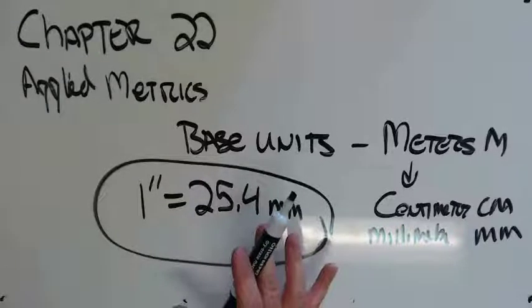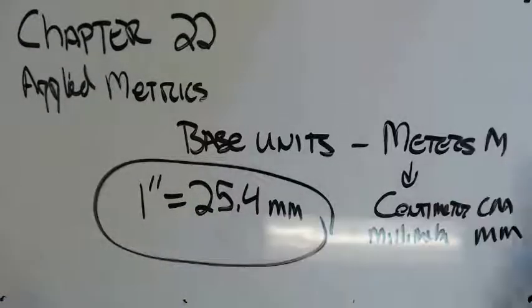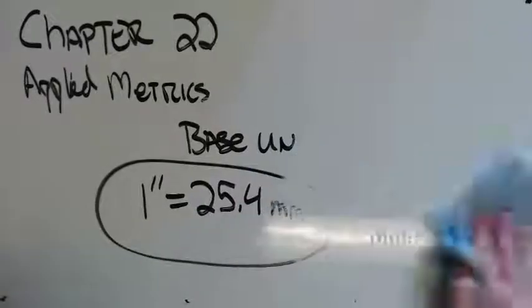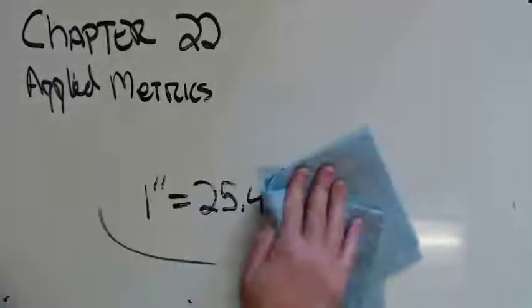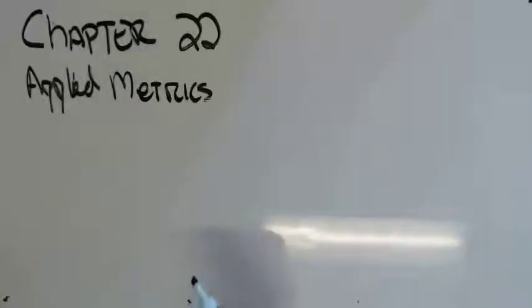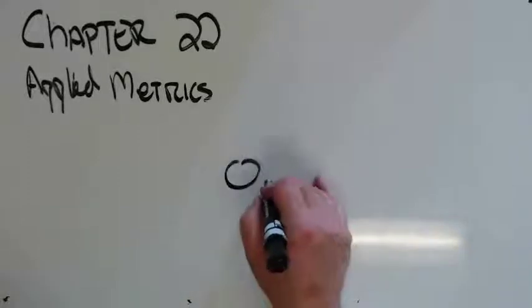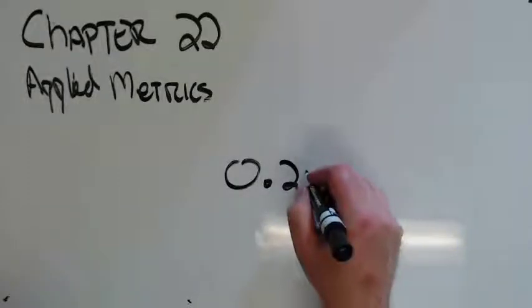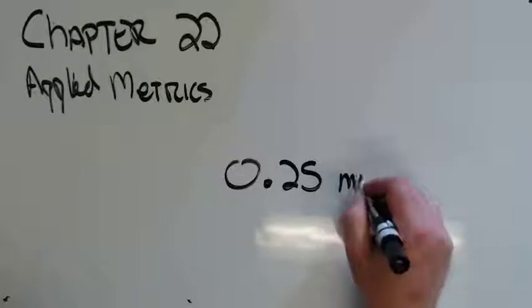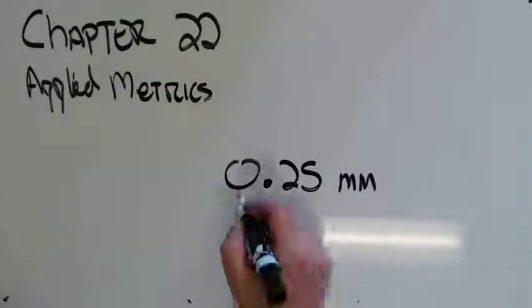Okay? So let's talk about how we're going to express metric dimensions on drawings, or how we're going to express them in writing. So first off, if you're dealing with less than 1, you're always going to put a 0. Okay?